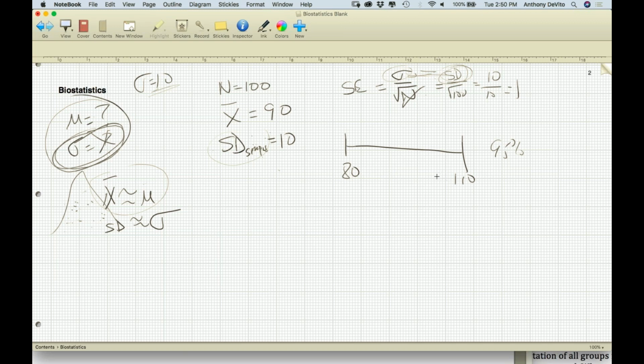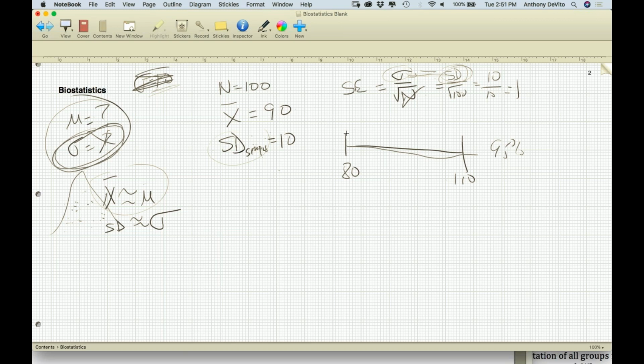So now, if I say I don't know this, and I've introduced more uncertainty, what do I need to do to this range in order to make sure that I'm still at 95% confidence? What do I need to do to make up for more uncertainty? I need to make it wider, right?